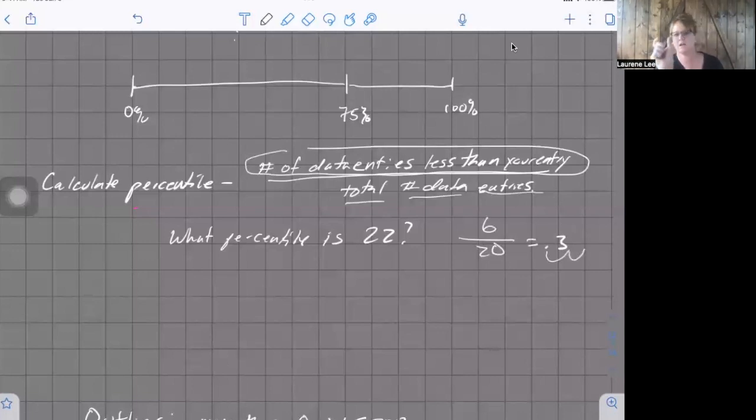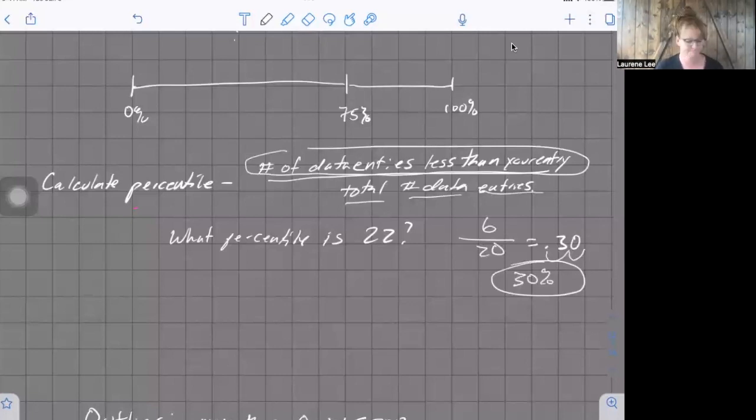Now, there's not a number there. So if there's not a number, a 0 holds the place. So this is going to be 30%. So that means that the data point of 22 is in the 30th percentile. That means that 30% of the values are below it and 70% of them are above it.